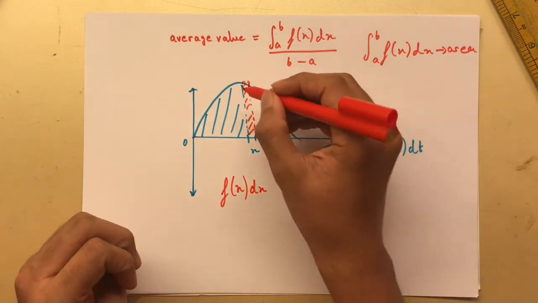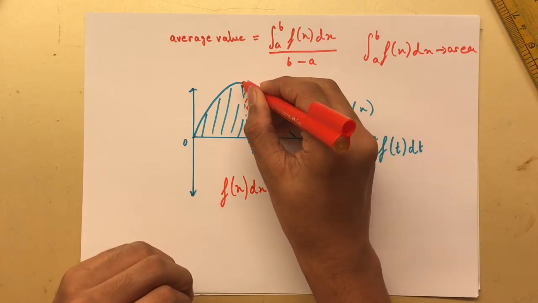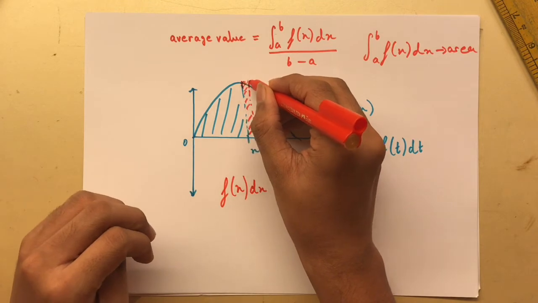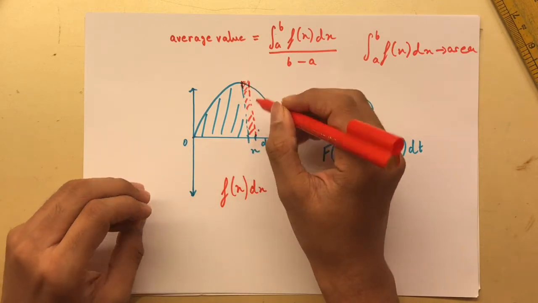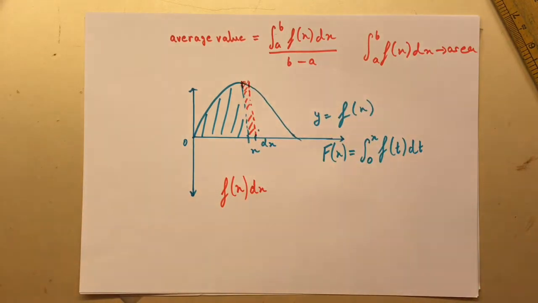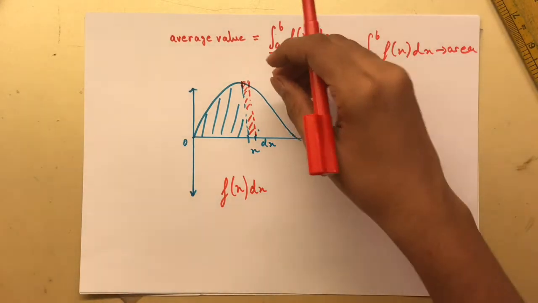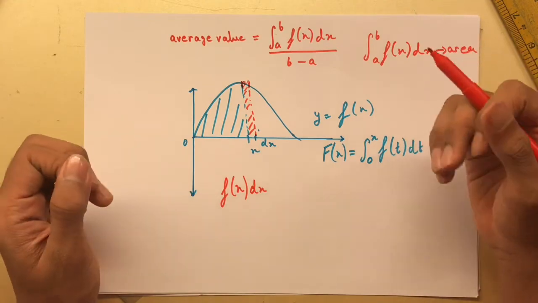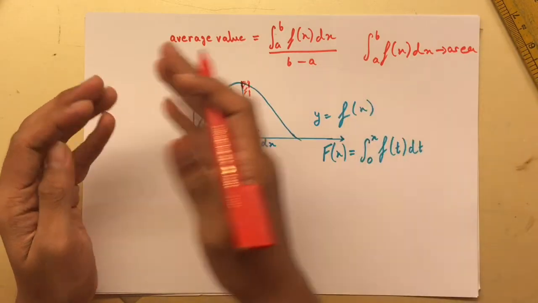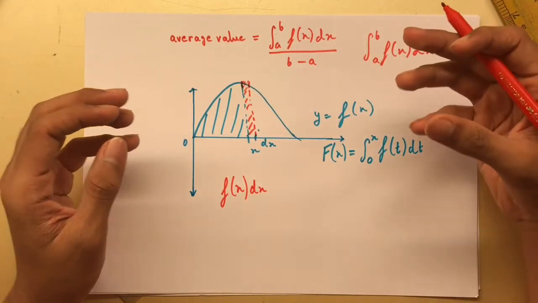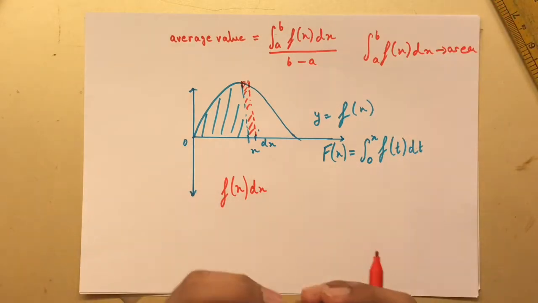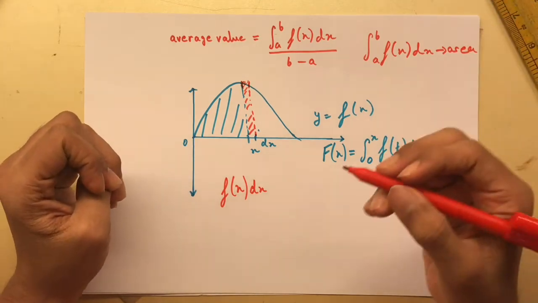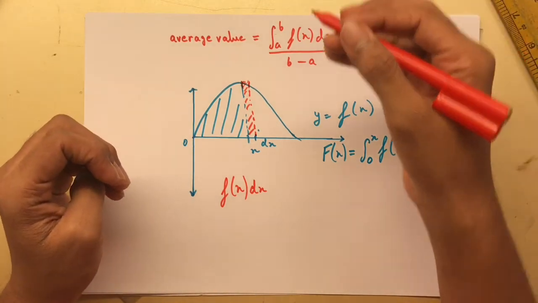And we are assuming that this rectangle is the value of the function at the point x, multiplied by that dx. And when dx becomes extremely small, that would be equal to the real change in the function. Although right now it would be an overestimate, or depending on which side of the function we are, an underestimate. But as that dx gets smaller and smaller, it becomes an accurate change of the area, right?